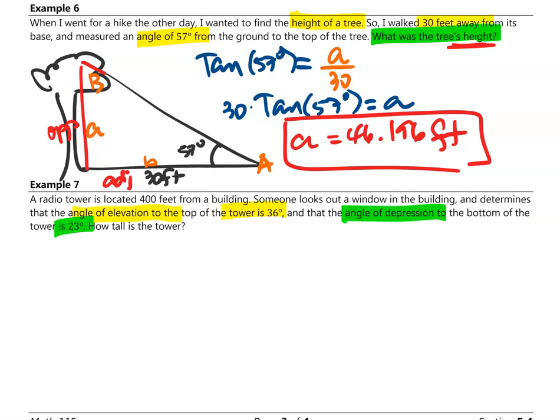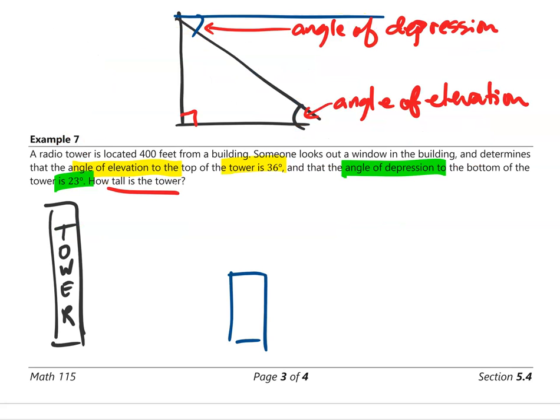Now the question is, how tall is the tower? So let's say this is the tower and this is the building, and the tower is located 400 feet from the building. So this is 400, and someone looks out a window in the building.